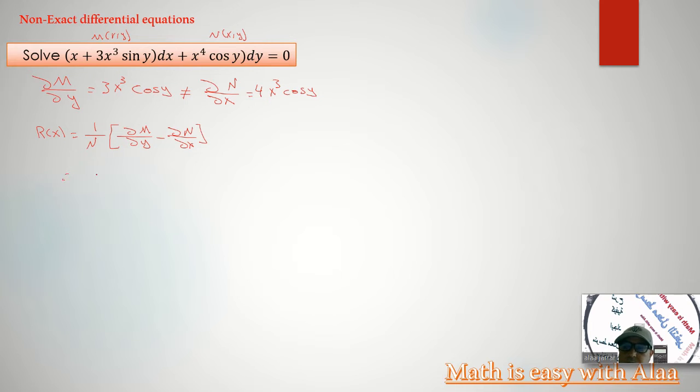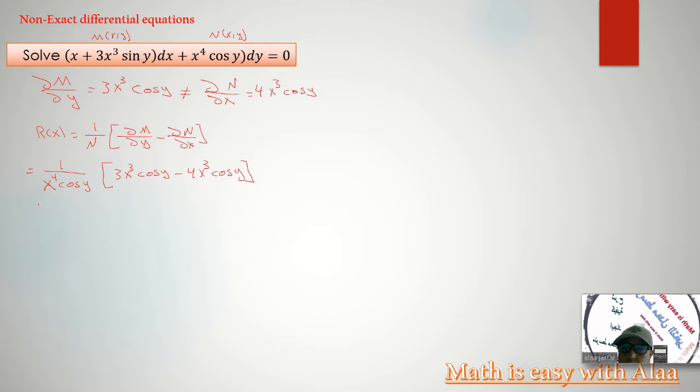So 1 over N, which is x⁴ cos y, times partial M with respect to y, which is 3x³ cos y, minus partial N with respect to x, which is 4x³ cos y.